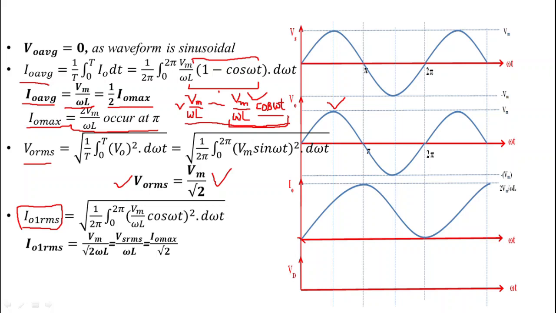So we have to calculate the RMS value of the fundamental component of current. That's why we will integrate only this Vm by omega L cos omega t, and the RMS value is 1 upon 2 pi integration 0 to 2 pi of Vm by omega L cos omega t squared, and take the square root of the whole. On integration we get I naught max by root 2.